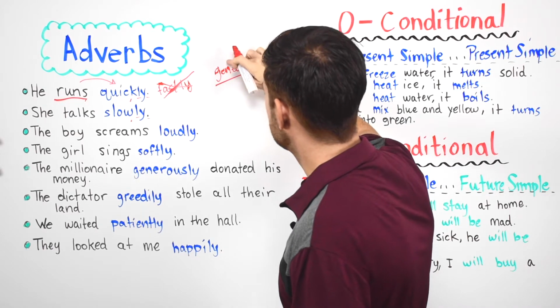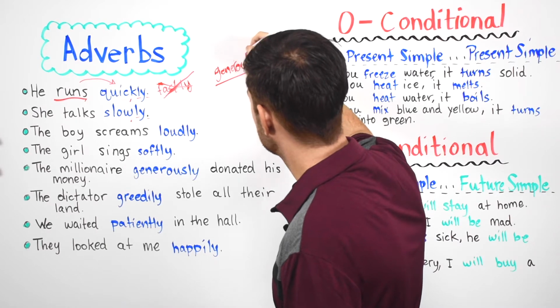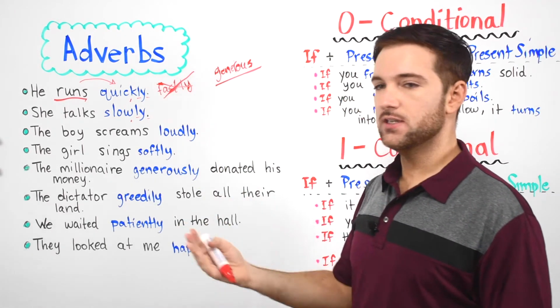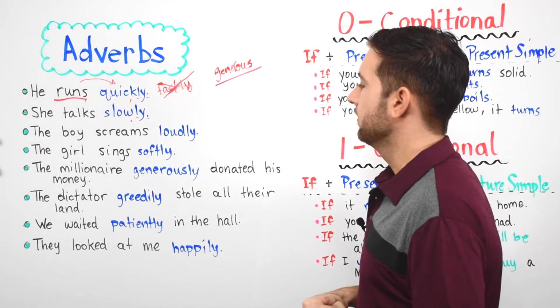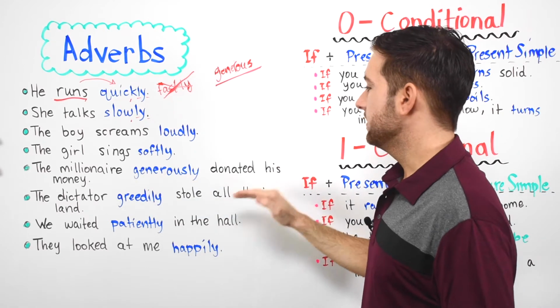Whoops, I need an R right here. My bad, I'm sorry, you guys. Generous. For example, you could say he is generous. She is generous. You understand? So the millionaire generously donated his money.